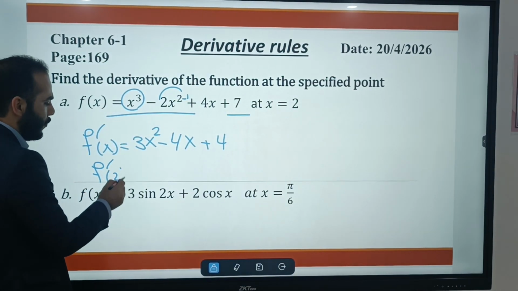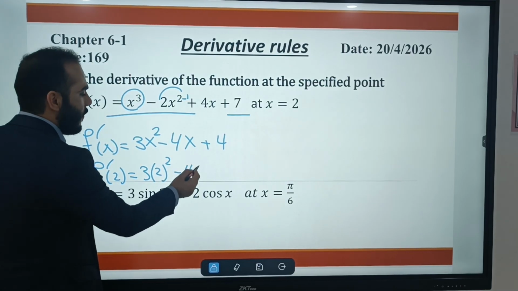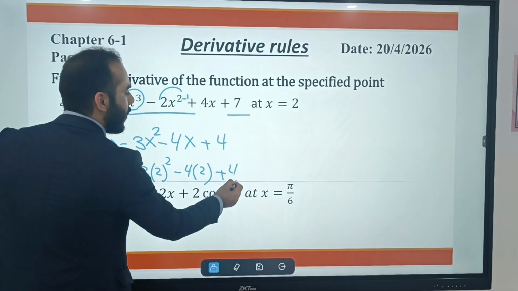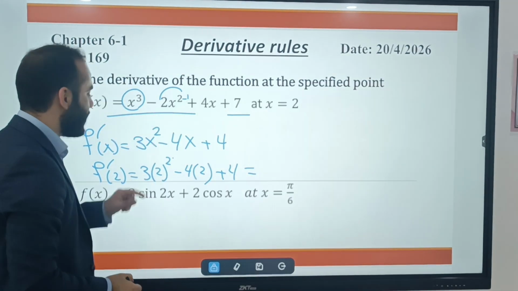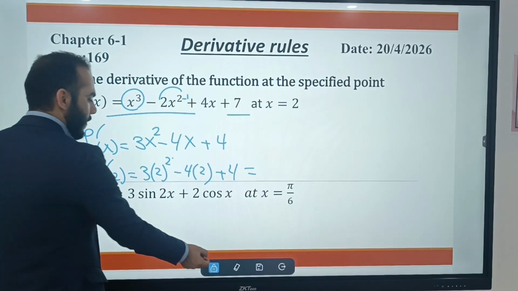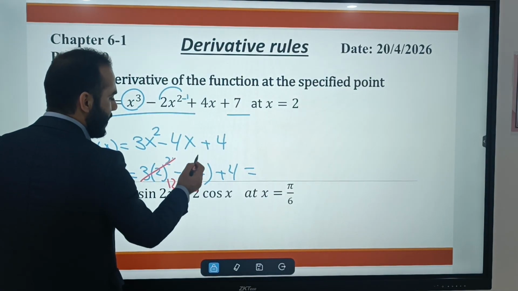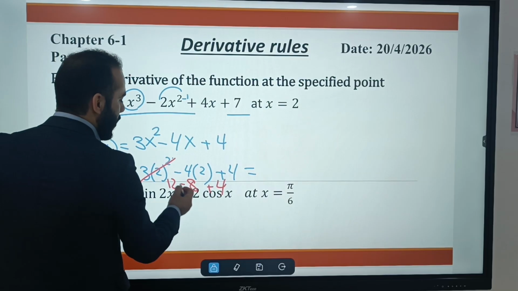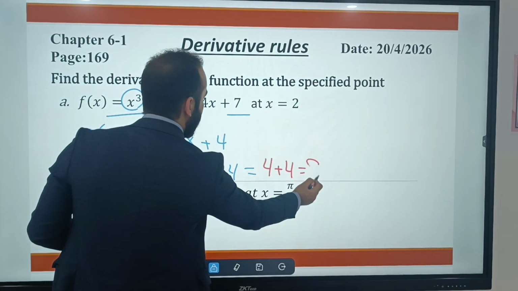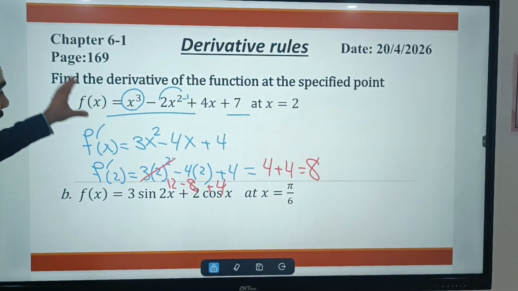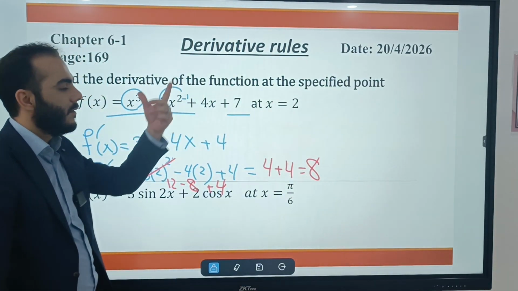F prime of 2 equals 3 times 2 powered by 2, minus 4 times 2, plus 4. 2 powered by 2 is 4, 4 times 3, 12. So the answer here is 12, minus 4 times 2, 8, plus 4. So 12 minus 8, 4, plus 4, it equals 8. So the derivative of this function at x equals 2 equals 8.